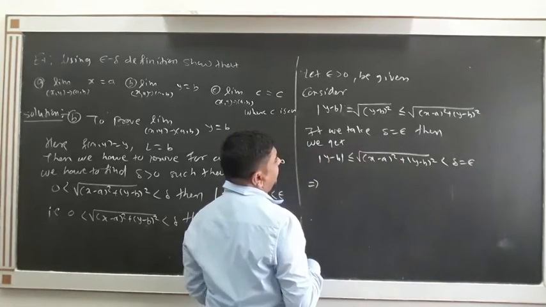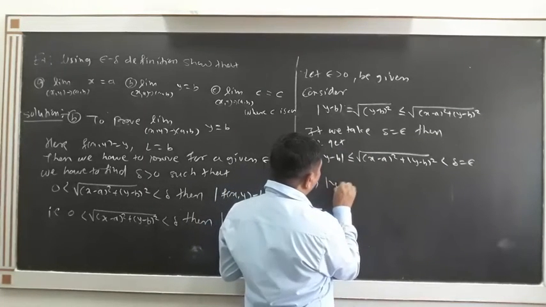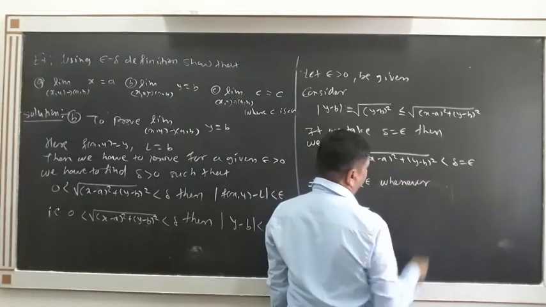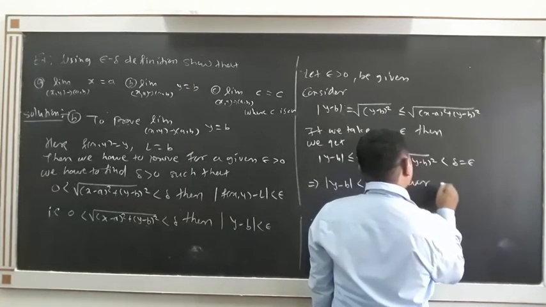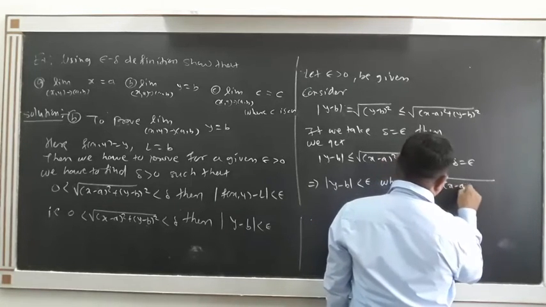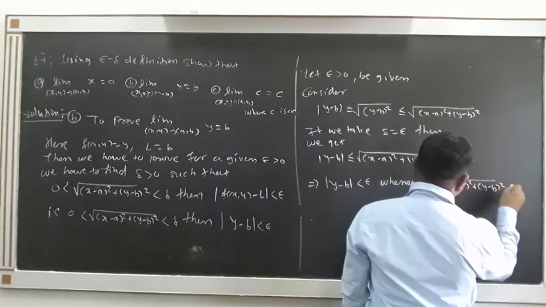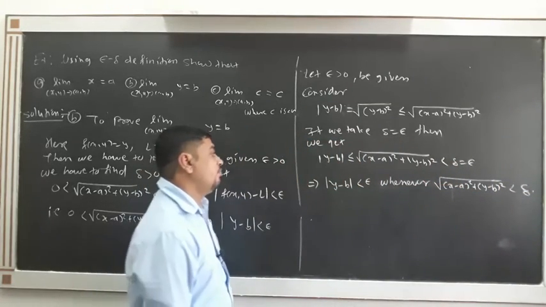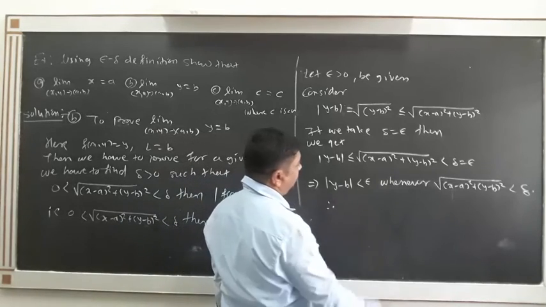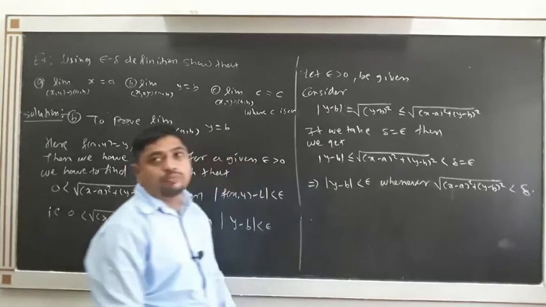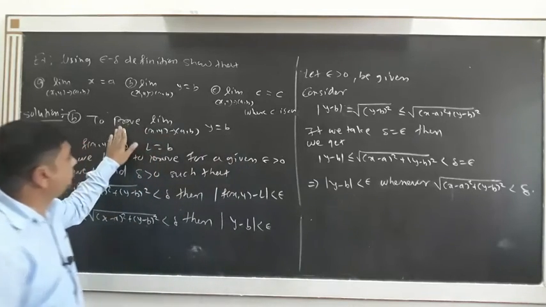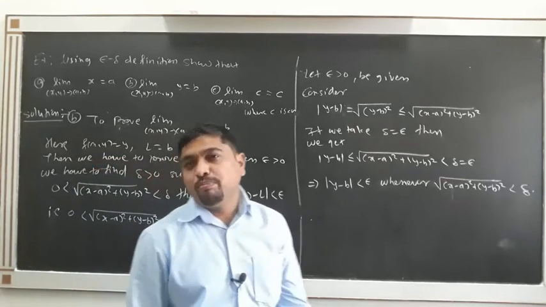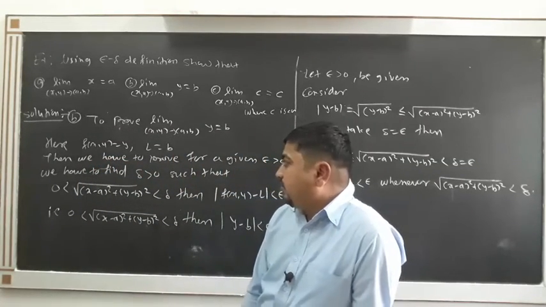This implies that mod of y minus b is less than epsilon whenever the square root of (x minus a) square plus (y minus b) square is less than delta. Therefore, our answer is there: this has limit b. Very simple, so you can solve this.